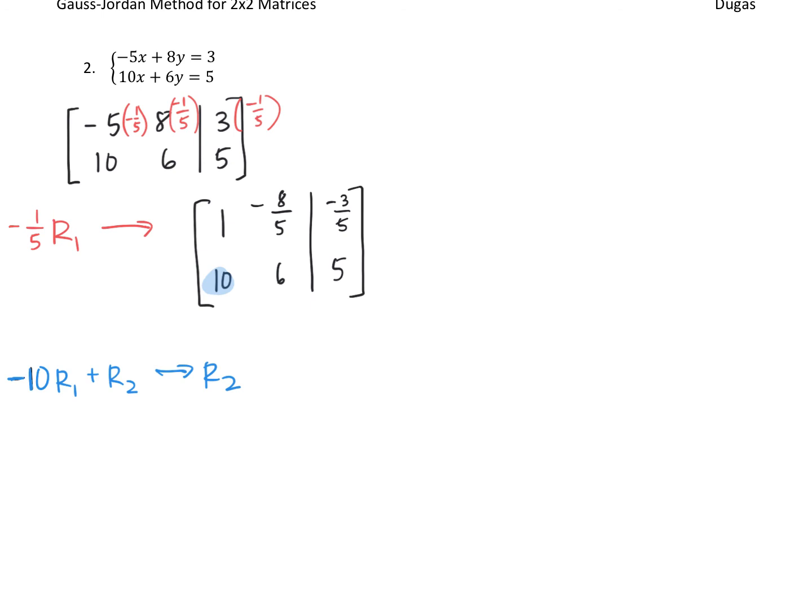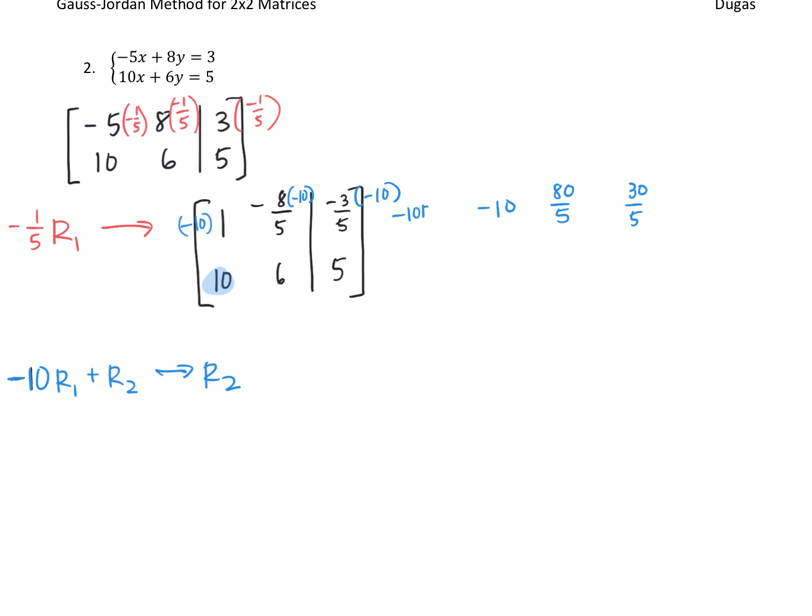Let's see what we get when we do that. -10 times row 1: this is times -10, this is times -10, and this is times -10. So we will get -10, plus 80/5 and a positive 30/5.